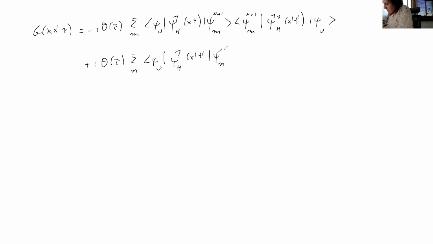The same thing, the only states which will survive here are the ones with n minus 1 particles, because this creates a particle, so I have n particles, x1, m psi 0.